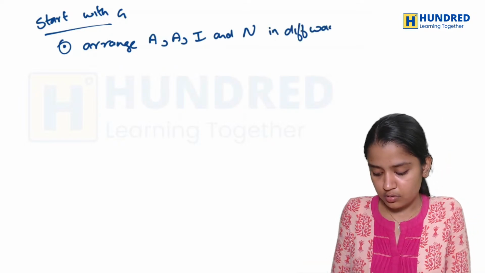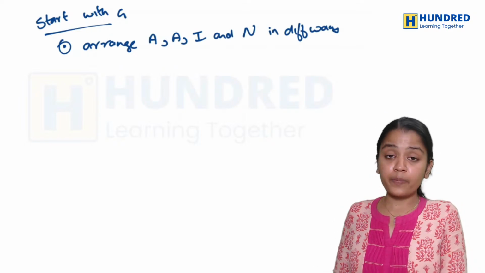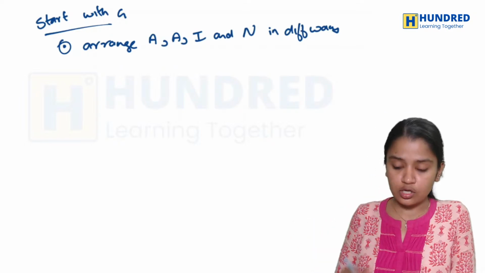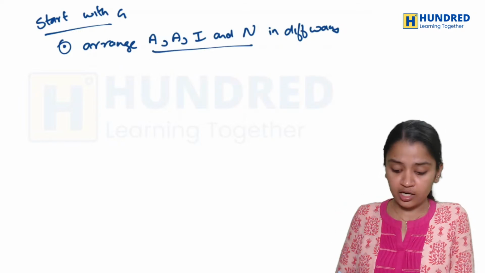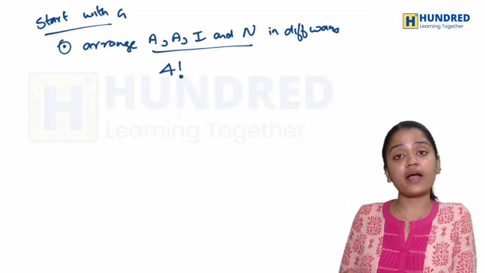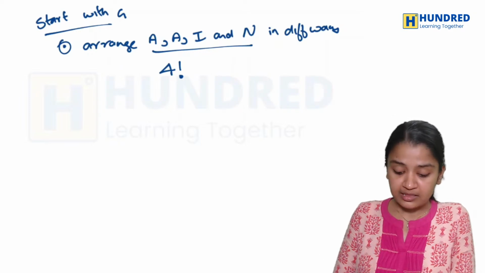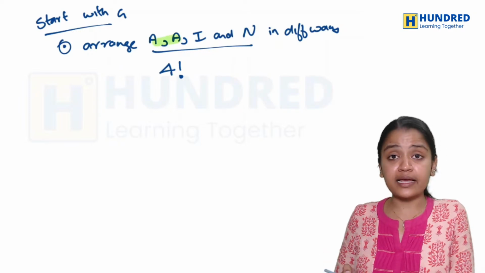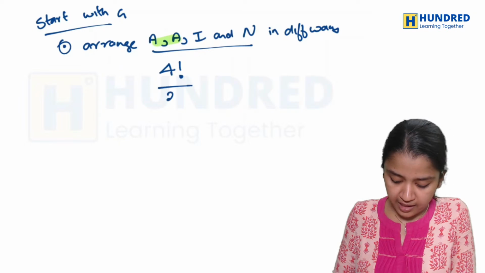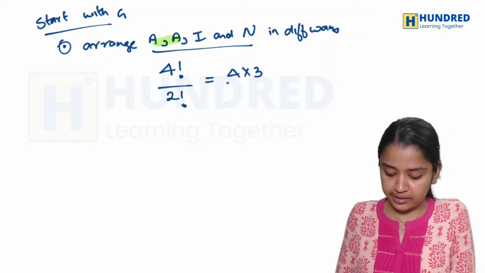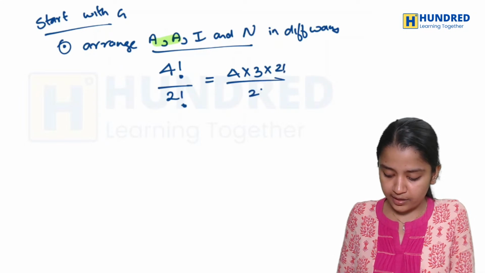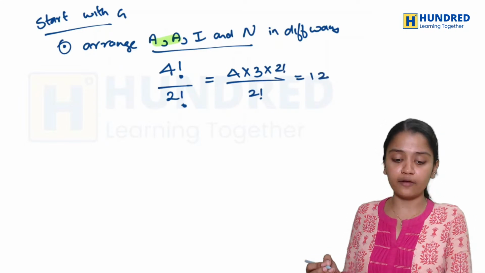Total arrangement with 4 elements is 4 factorial ways, but there are 2 repetitions, so it is divided by 2 factorial. Then 4 into 3 into 2 factorial by 2 factorial is nothing but 12.